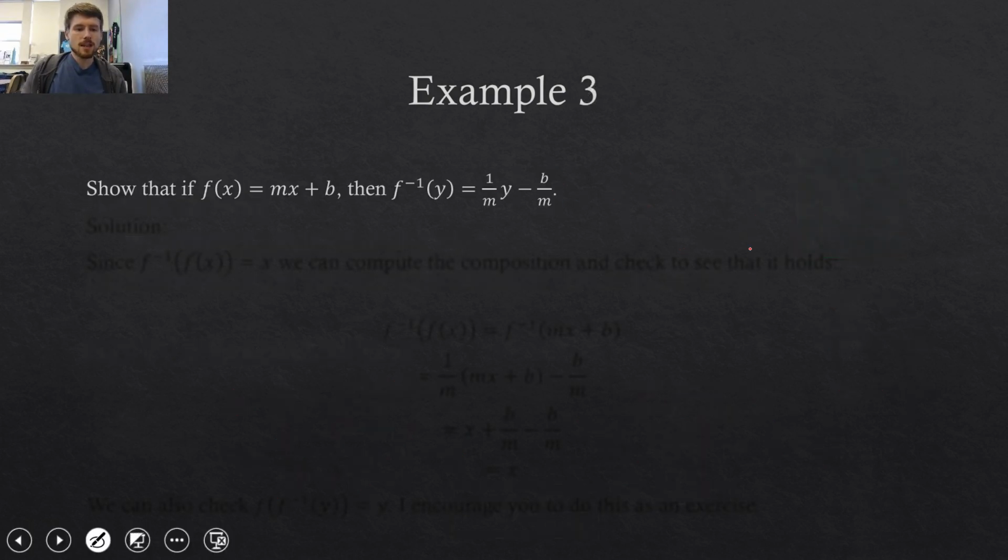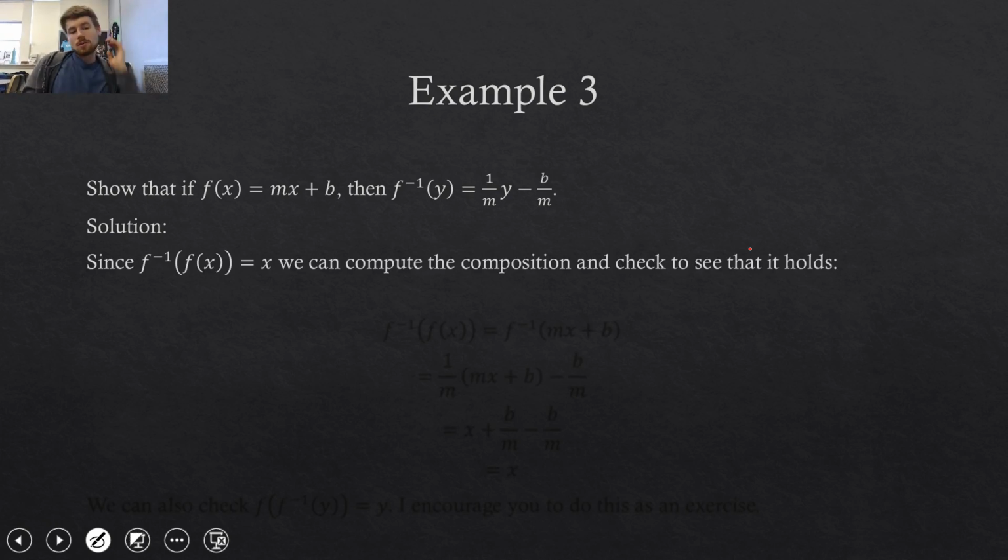Okay, last example. Show that if f of x is equal to a linear function mx plus b, then the inverse function of y is 1 over m times y minus b over m.